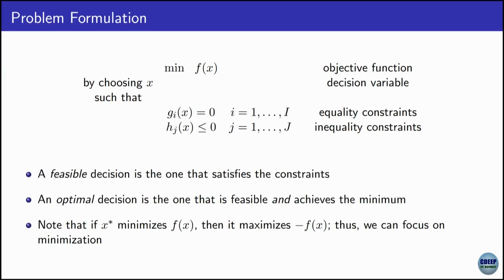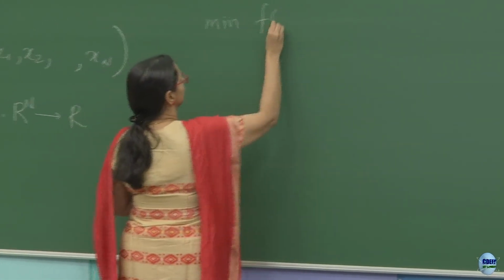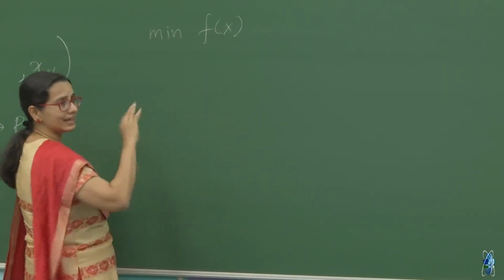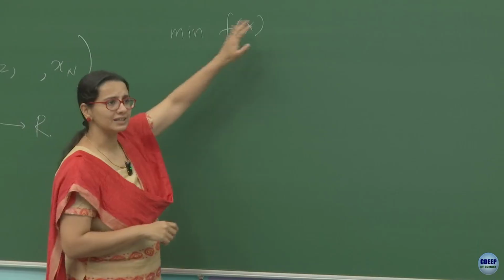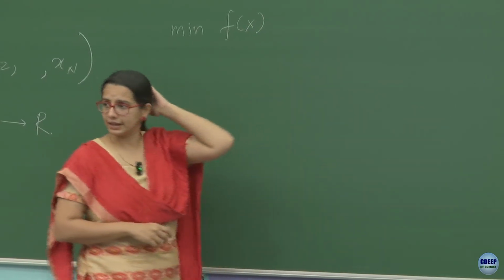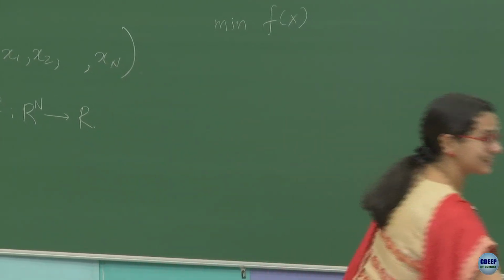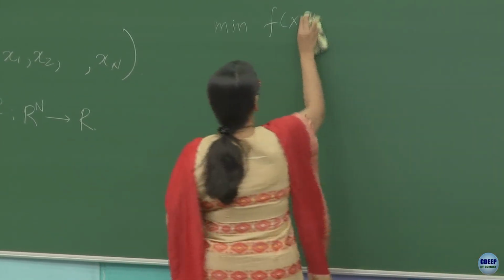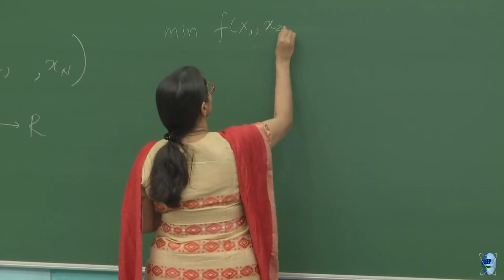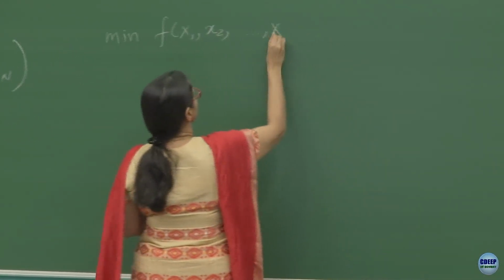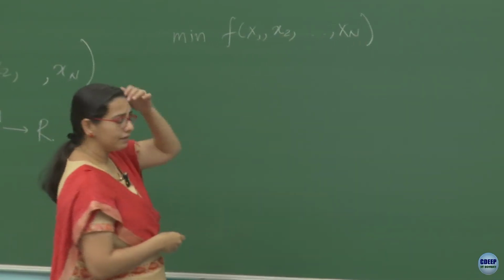In the general case, let's say I want to minimize f of x. X is again in Rn. All right. So this is not f of x, it's actually f of x1, x2, x3, all the way to xn. So if it makes it easier, let's write it exactly like that.